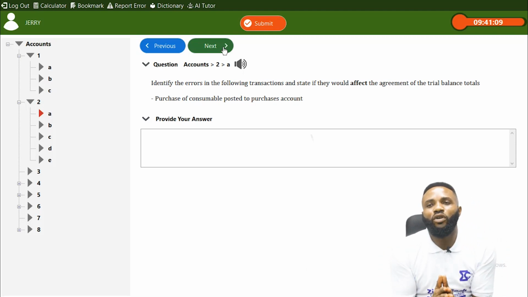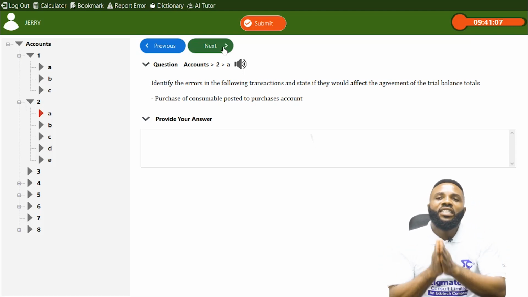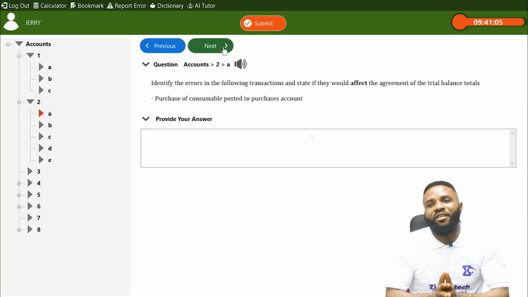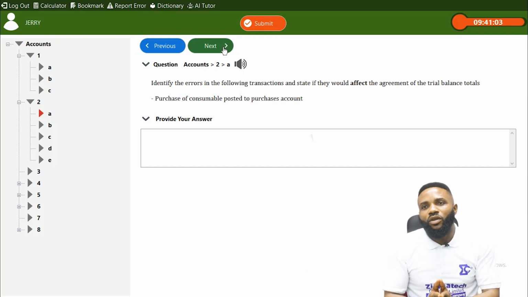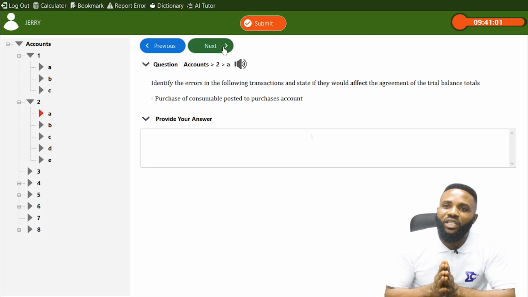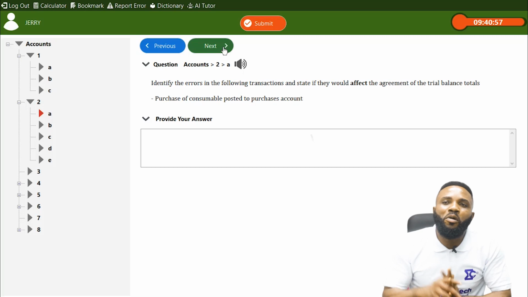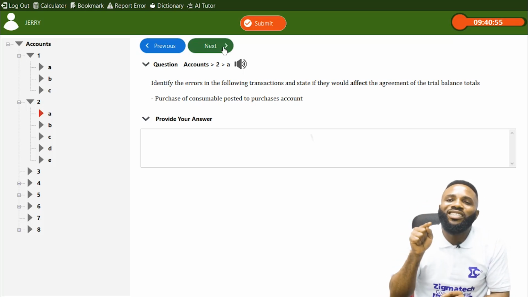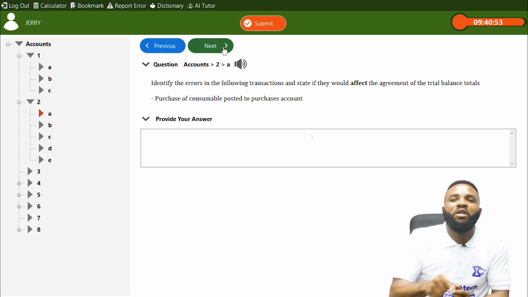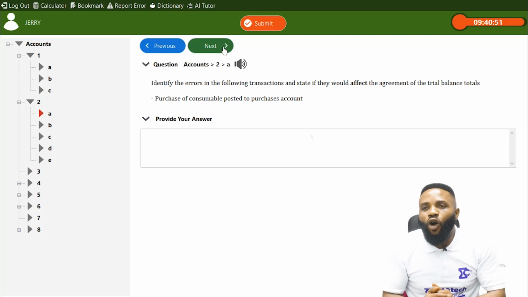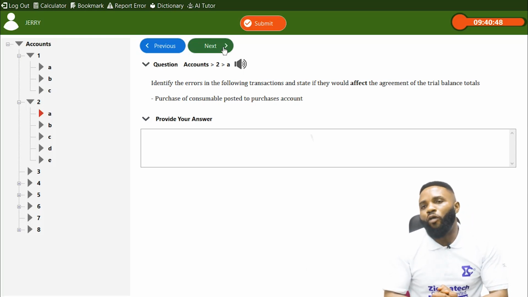Error of principle is committed when the wrong classes of accounts are involved. So, for this purchase of consumable posted to the purchases account instead of the consumable account, that error of principle has been committed.